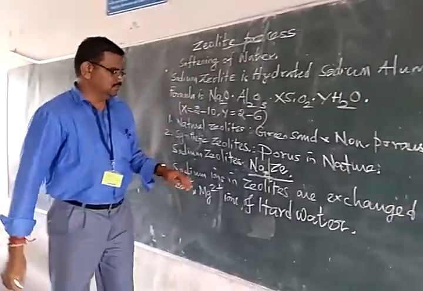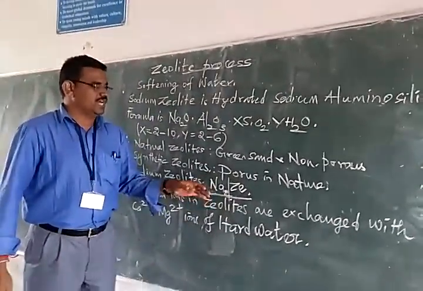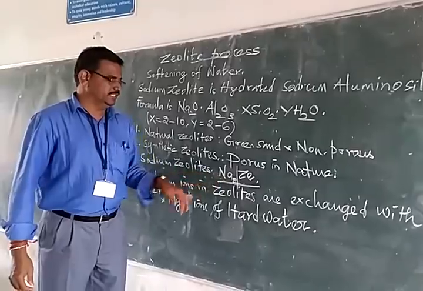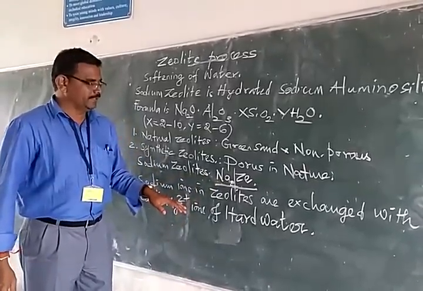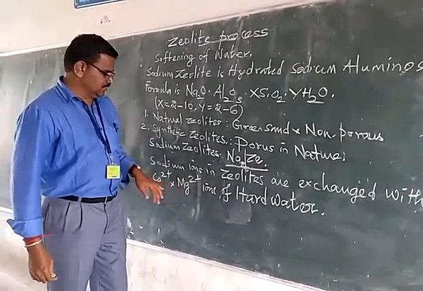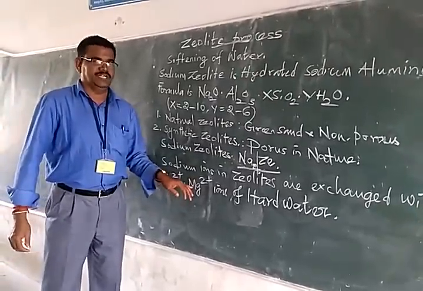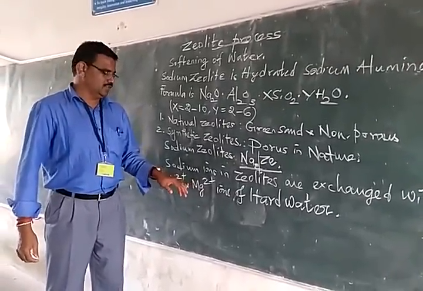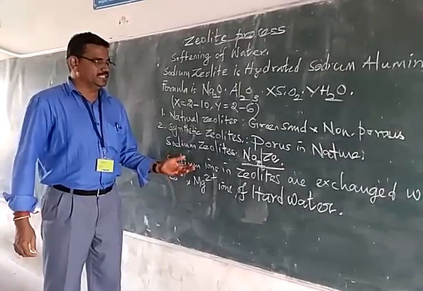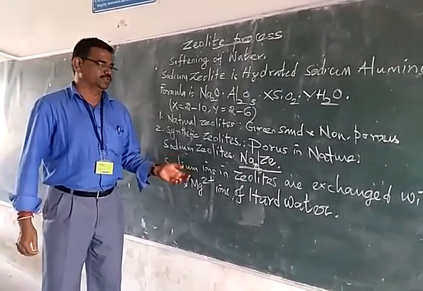This is because the sodium ions in this complex are soluble in water, and are easily replaced by the positive ions in hot water like calcium and magnesium ions. So the calcium and magnesium ions are what cause hardness. These are exchanged with sodium ions, thereby hardness can be removed.